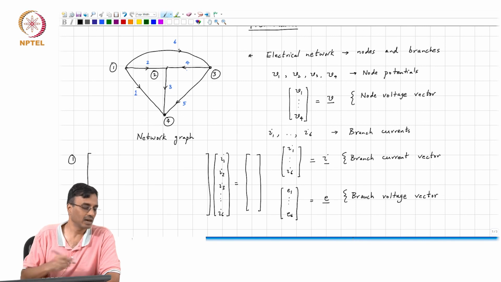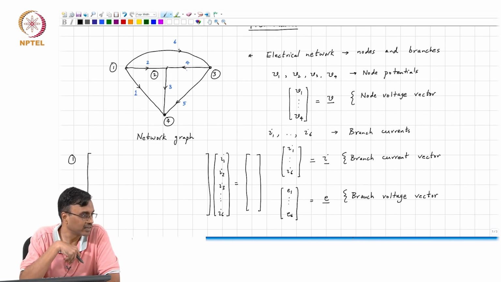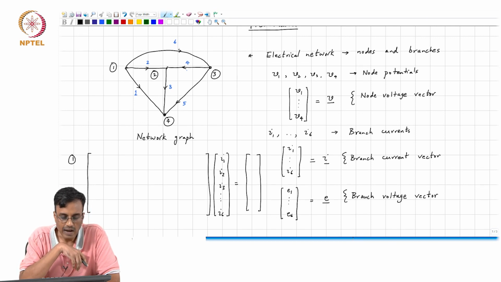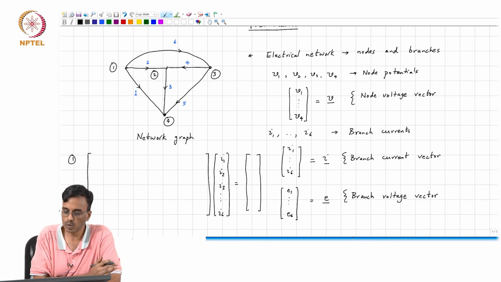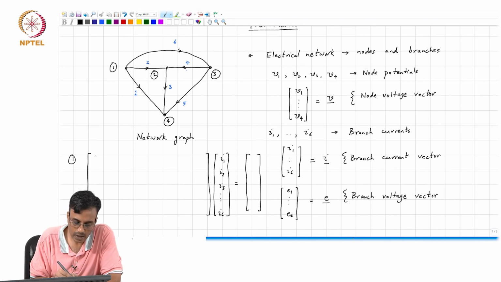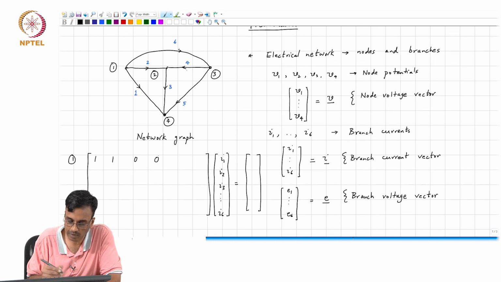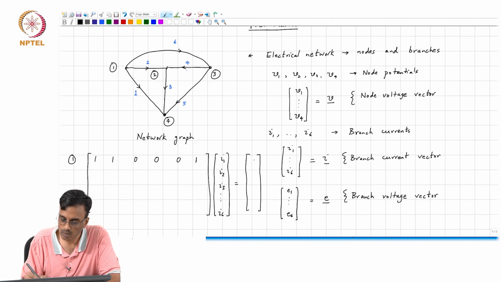We arbitrarily say if a branch is leaving a node, the current is positive. So, if you write KCL at node 1, what is the equation that you will get? You see that you will get I1 plus I2 plus 0 times I3 plus 0 times I4 plus 0 times I5 plus 1 times I6 is 0.